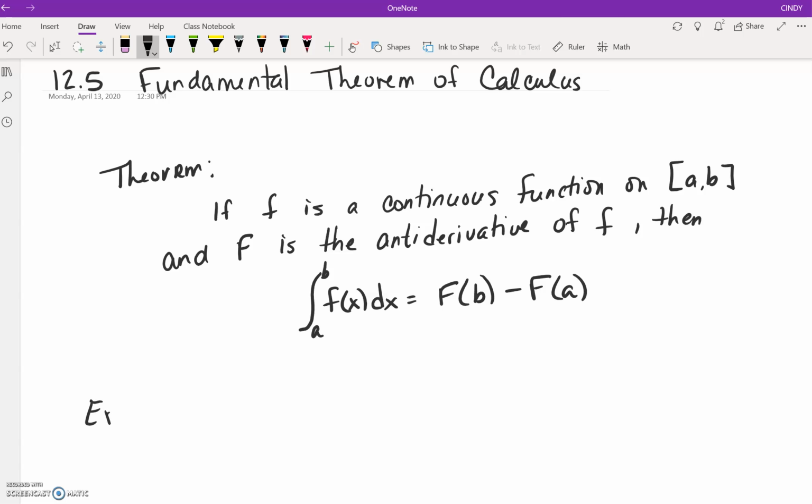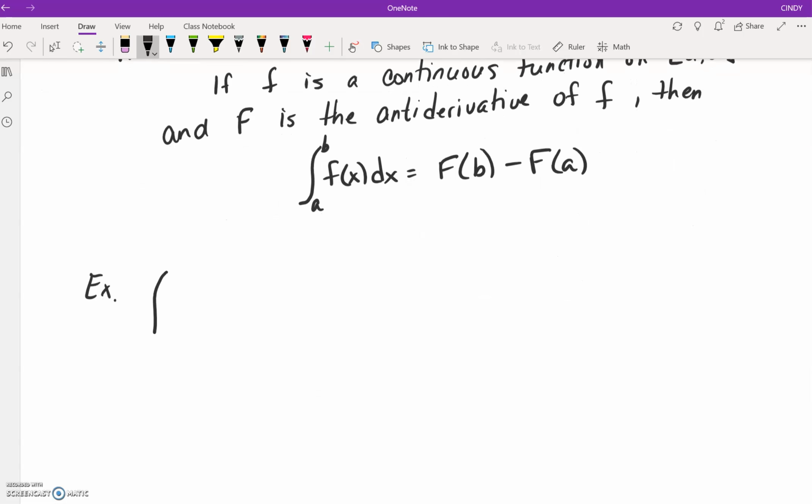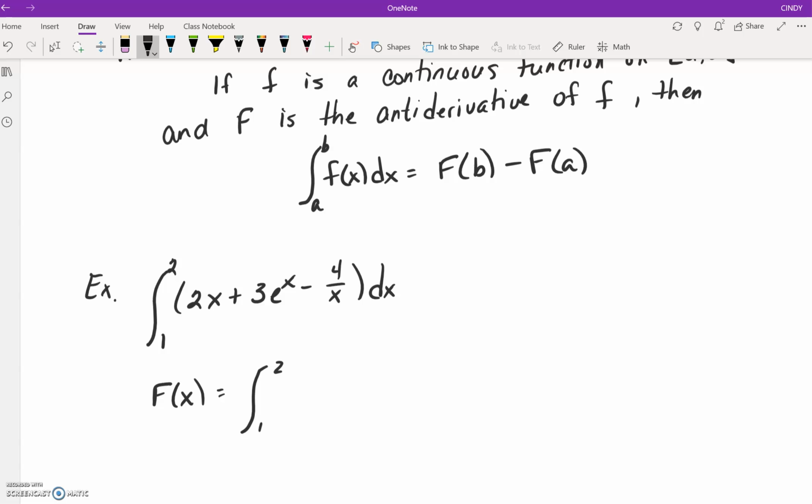So let's get an example. If we have the integral from 1 to 2, the argument is 2x plus 3e to the x minus 4 over x dx. F, which is the antiderivative of all of this, is equal to, let's split them up because it says we can.